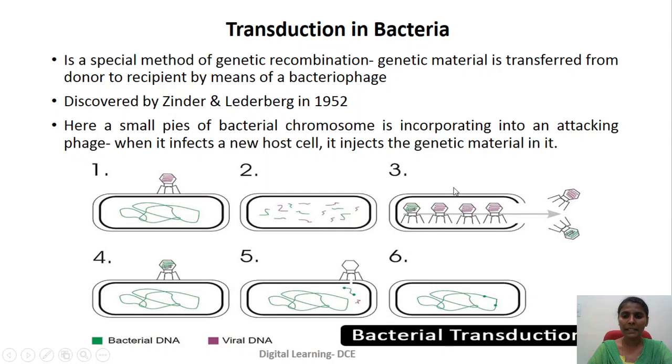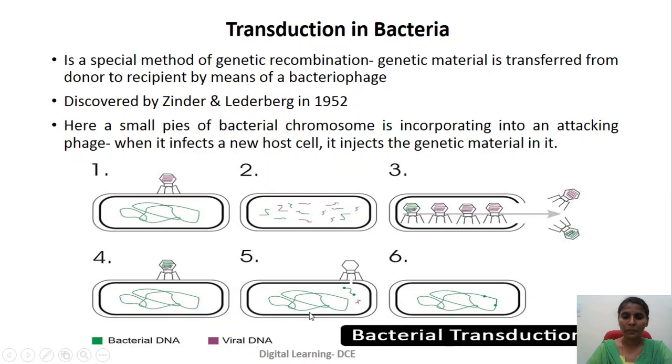When the viral particles are completely formed, the lysis of the cell takes place and releases the bacteriophages into the external environment. The bacteriophage which contains the bacterial DNA is referred to as the temperate bacteriophage. When it infects another bacterial cell, it injects its genetic material, which contains both viral DNA as well as bacterial DNA.